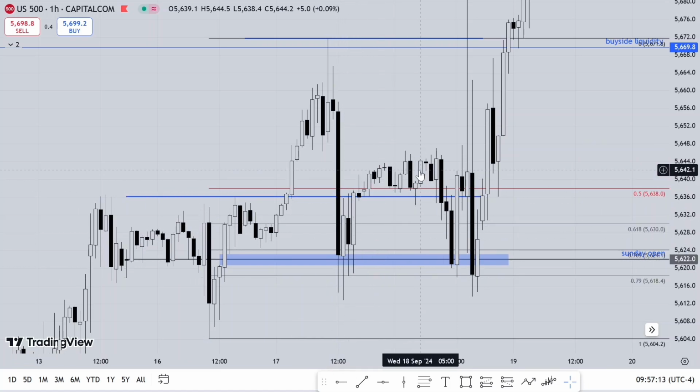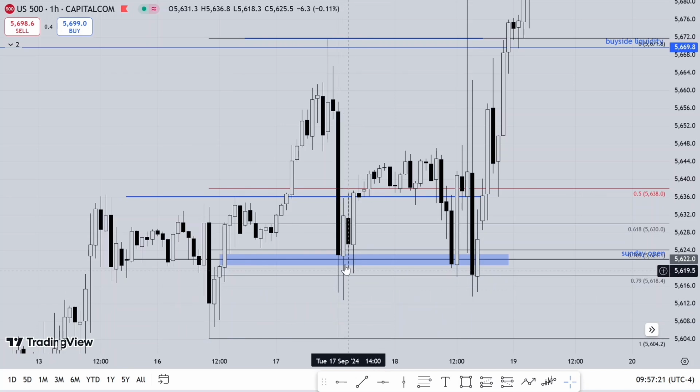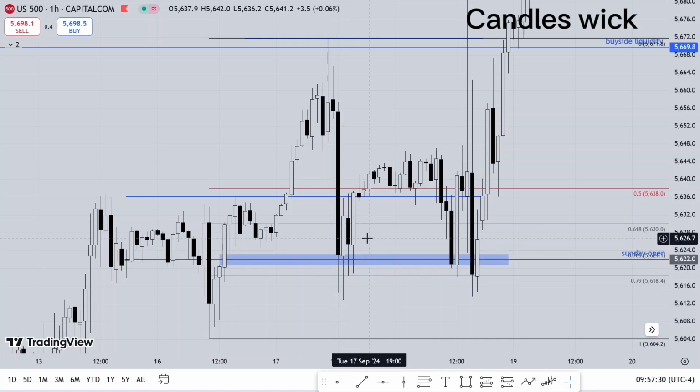So early traders that entered probably here, they would have adjusted their stop losses to these lows or the body's low here, because bulk of the volume is at the bodies of the candles. The bodies tell most of the stories, but the candles do the damage.